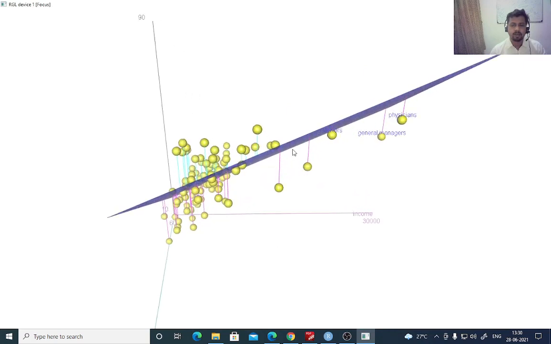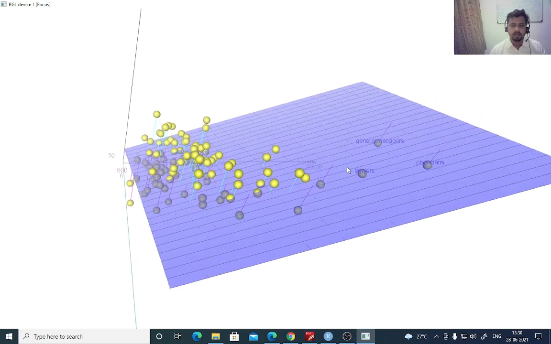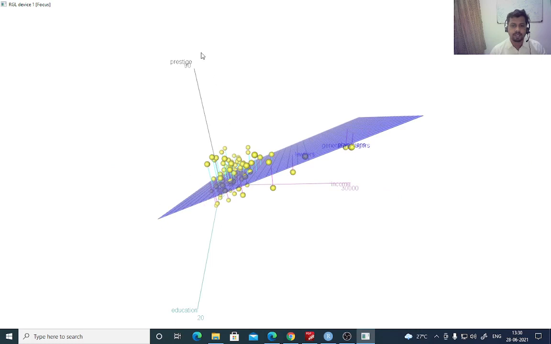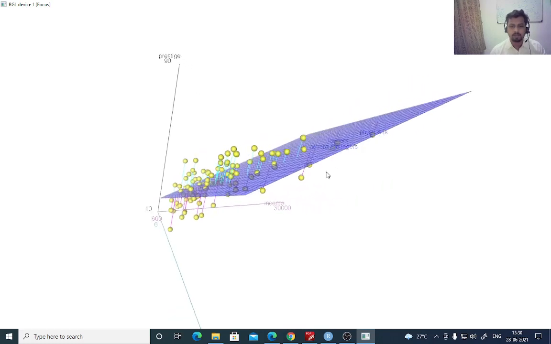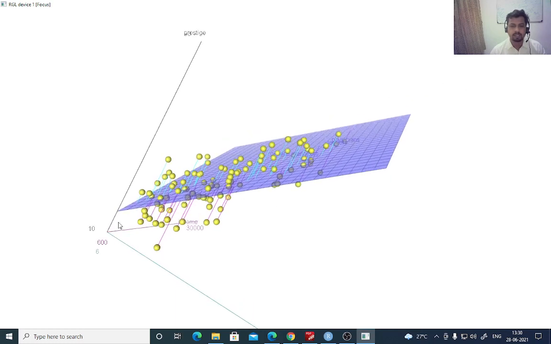You can left click with the mouse and zoom to see. This is the regression plane that we have as far as this data is concerned. This is Prestige, this is your Y, and education and income are the two explanatory variables. You can easily rotate this graph to make sense of it. This is your regression plane. It has an intercept at this point, and this is how the linear regression plane looks.